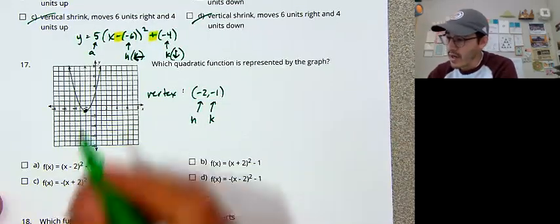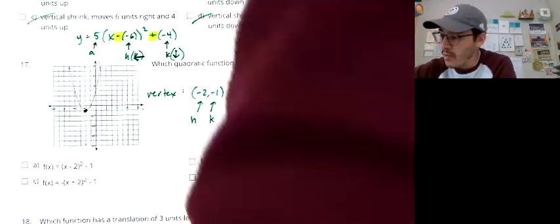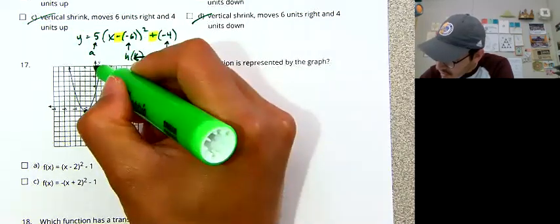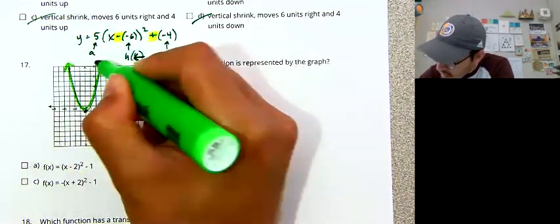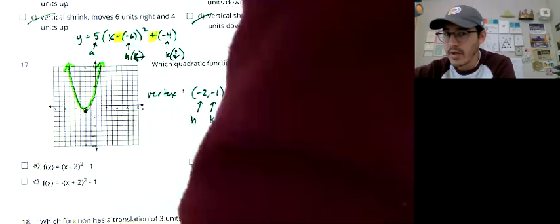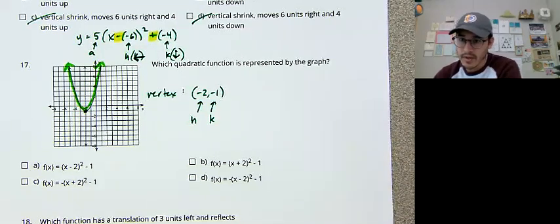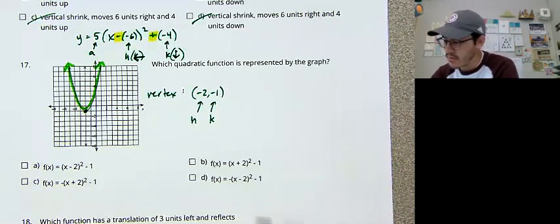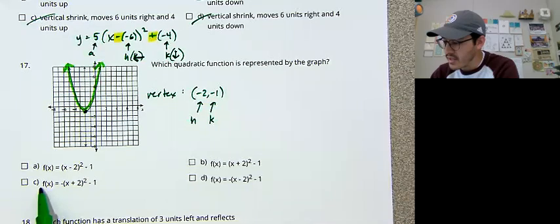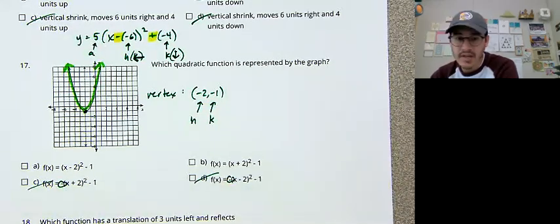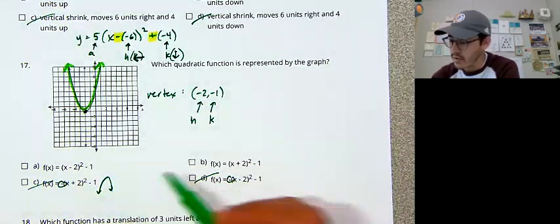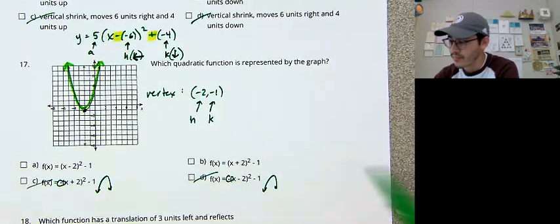I also see that the parabola is opening upwards. Both the left and right branches of the parabola are going up. So that tells me that the squared term in the function has to be positive. So I can already eliminate C and D, because they both have negative signs in front of the squared term. And that would only make sense if the parabola was opening down, which it's not.